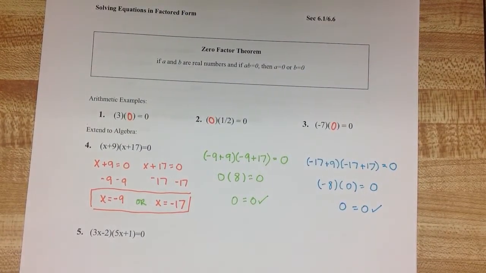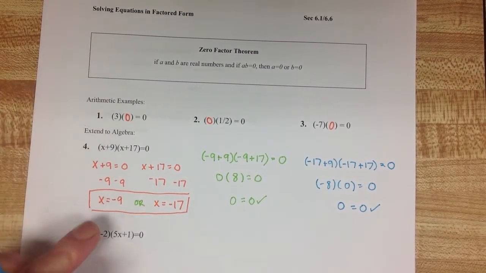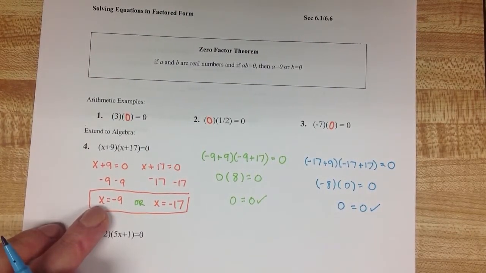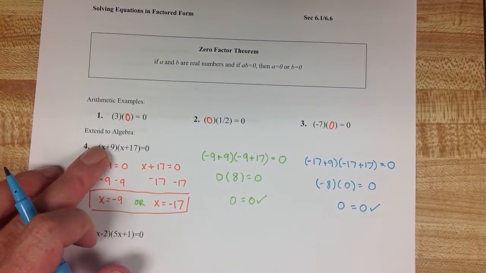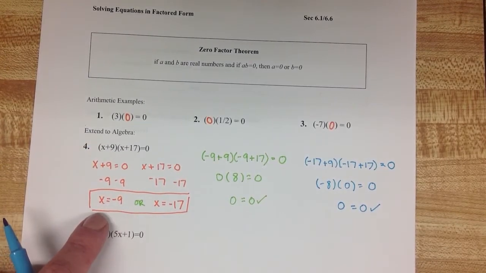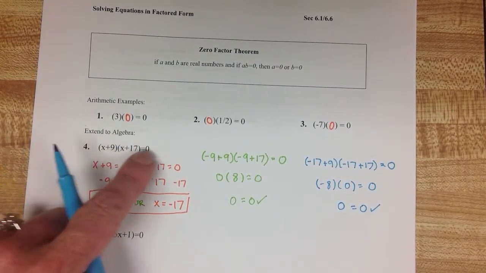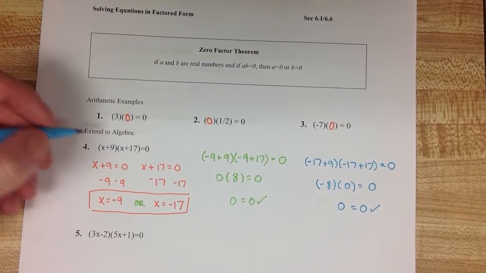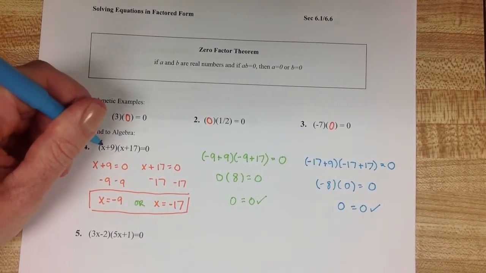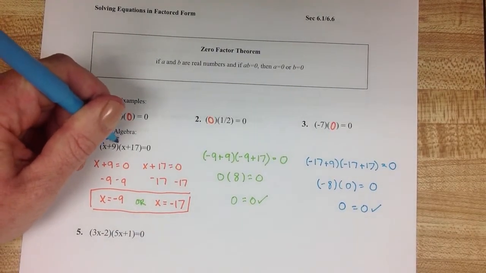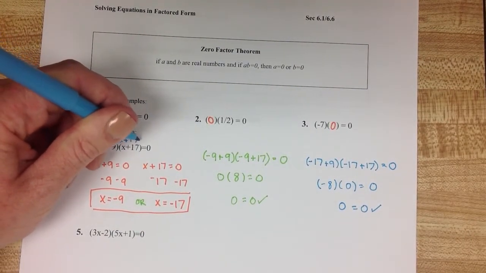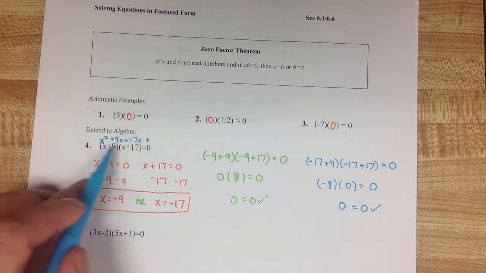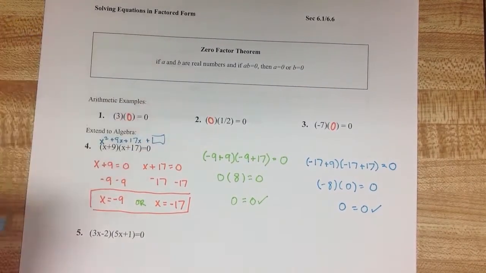What I want you to notice here is that in linear equations, when we were solving equations that only had x to the power of 1, we only got one answer out for x. You'll notice now that we have a quadratic equation, because if we multiplied this out, if we FOILed it, it would go back to being x squared + 9x + 17x + whatever 17 times 9 is.